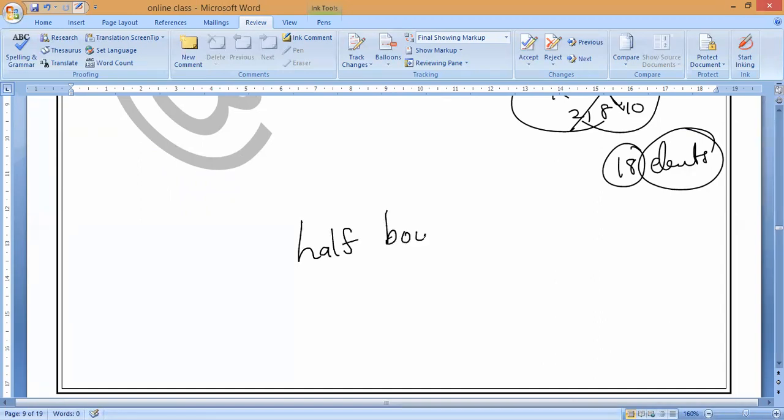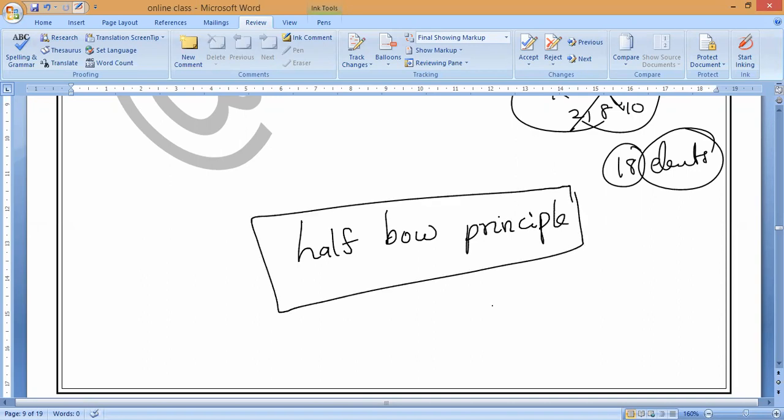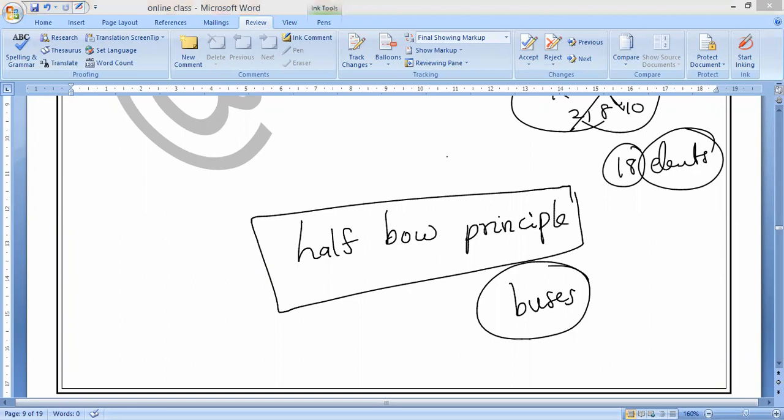This half-bow principle will be represented in the form of boxes. Each shell is having a different number of boxes, and in each box we can fill some number of electrons. We'll study that in detail in tomorrow's class, so you no need to worry.